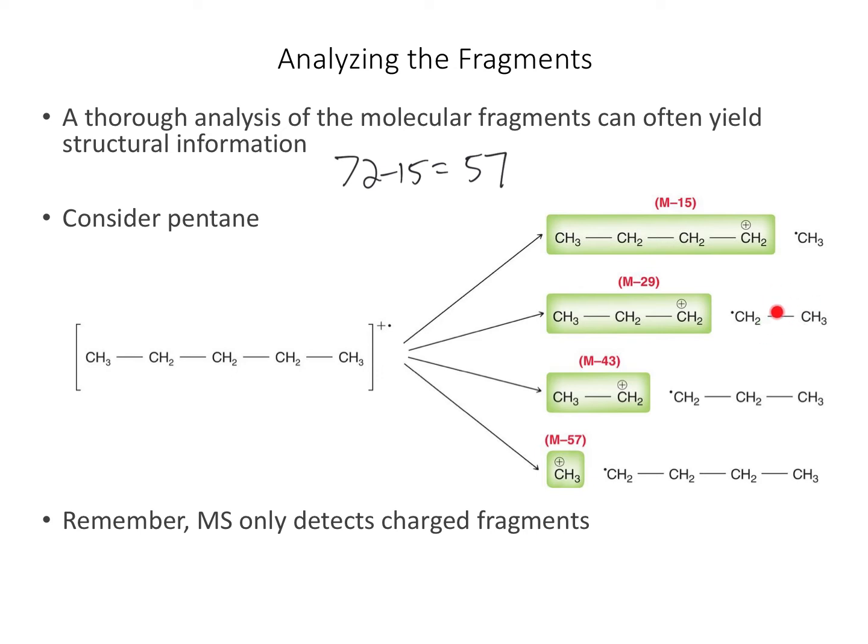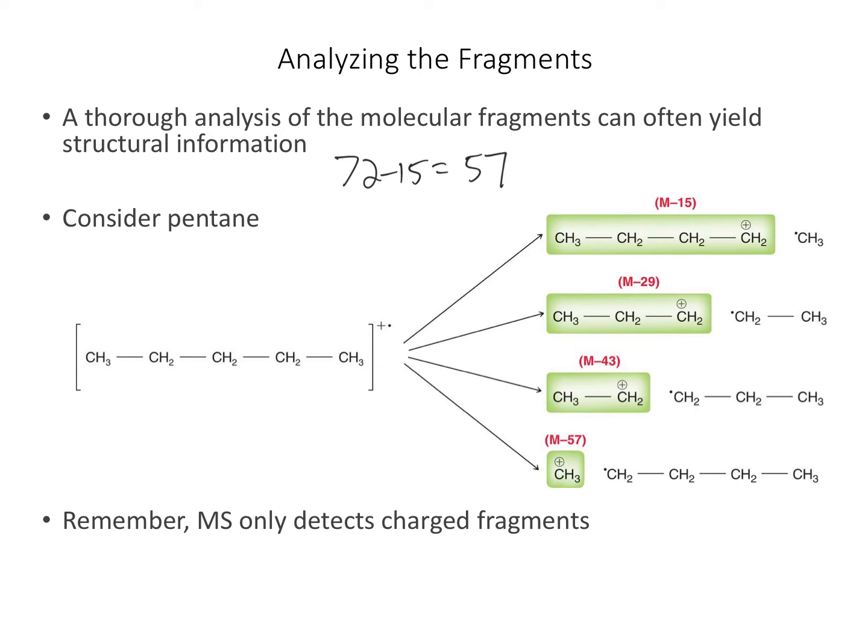Because this ethyl fragment that we chopped off, so we're detecting the piece that we lost, has 2 carbons, 2 times 12 is 24, plus the 5 hydrogens, that's 29. So if we detect this fragment, we'd expect it to appear at the parent ion peak minus 29. Or chopping off a propyl gives us an M minus 43 peak. Or chopping off a butyl gives us an M minus 57 peak.